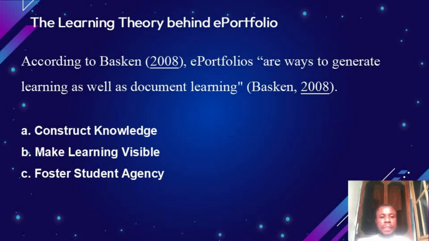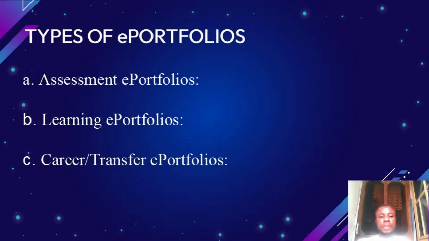So the learning theory behind e-portfolio, according to Baskin 2008, is that e-portfolios are ways to generate learning as well as document learning. So as I indicated earlier, the student is in charge of documenting his or her own learning. So the first one we have here is construct knowledge, make learning visible, and foster students' agency. Types of e-portfolios.